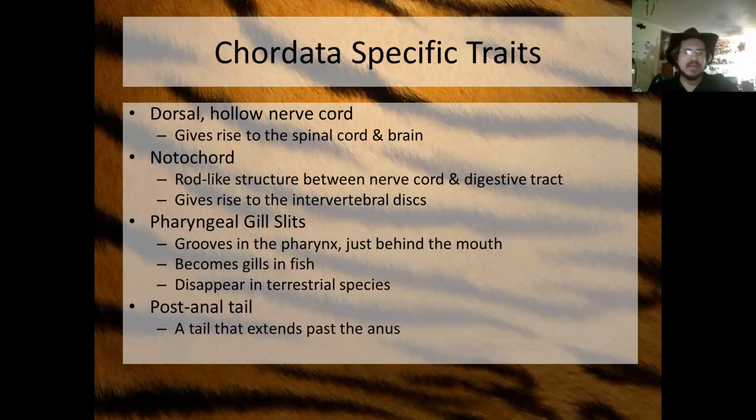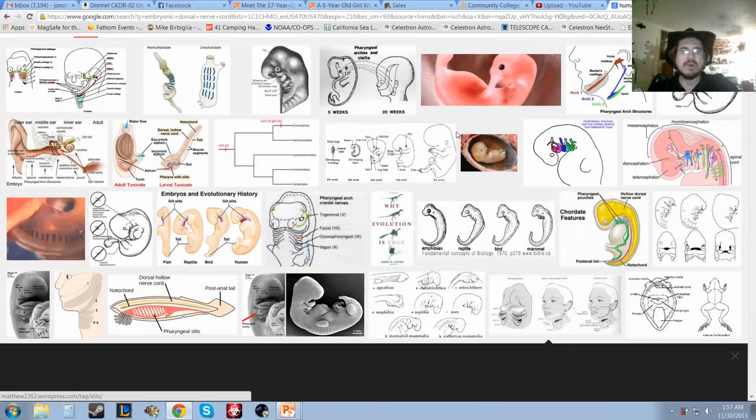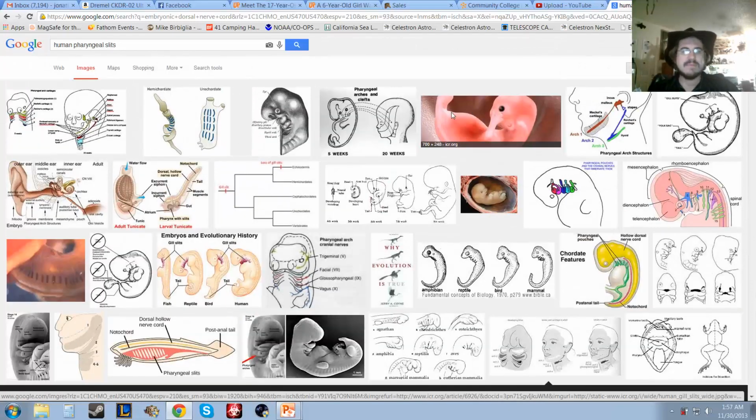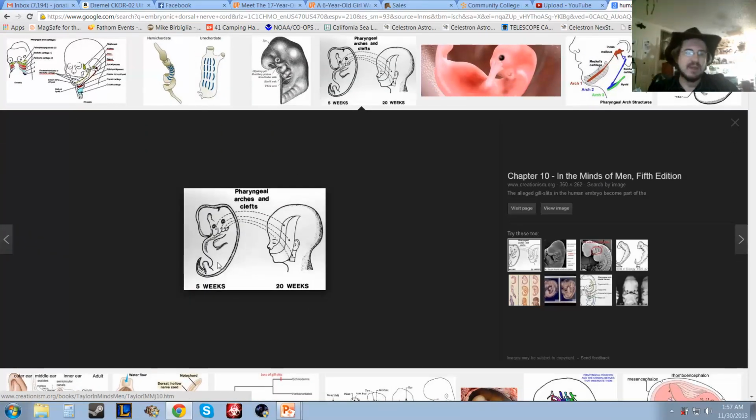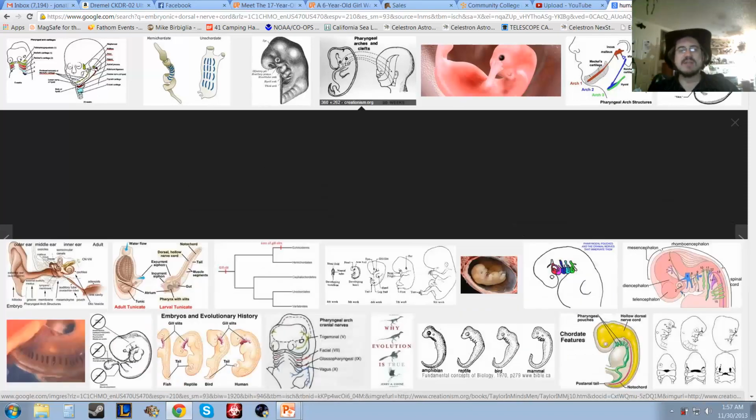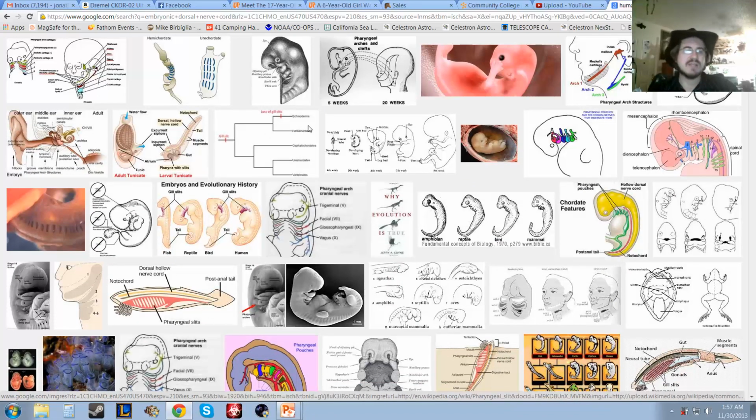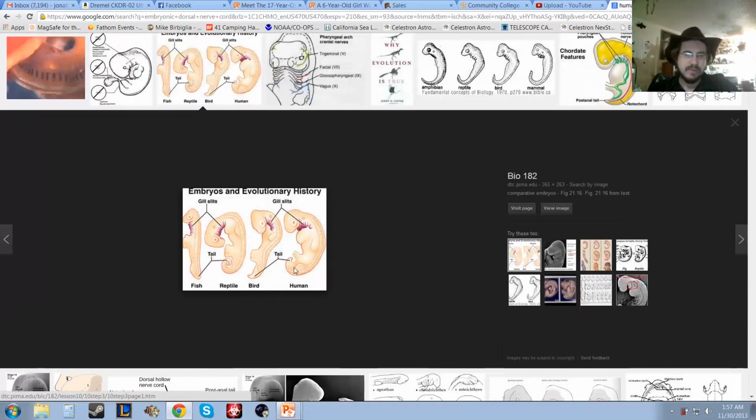So that's pretty neat. So if we go back to human development here, we can see there's a limb bud, and then there's a post-anal tail. So all chordates, even if they don't have it as an adult, at some point during their life cycle, have a post-anal tail. So there we go.